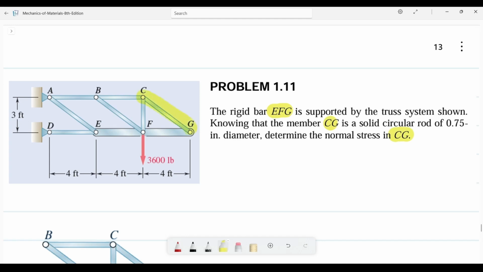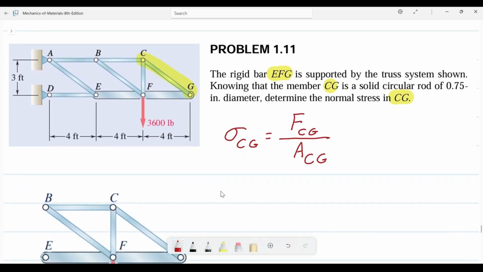CG, that's it. According to the general formula, we know stress in CG is equal to load CG divided by area of CG.